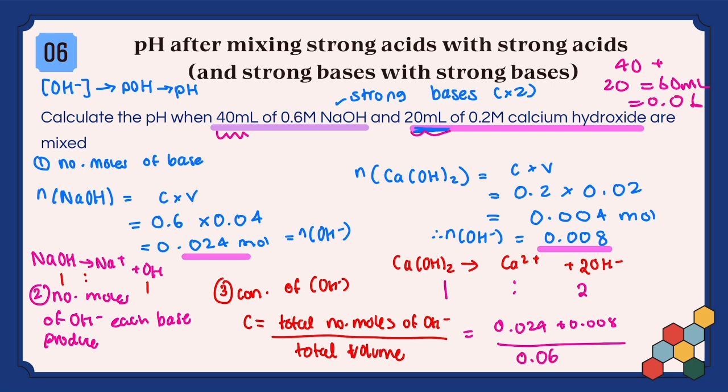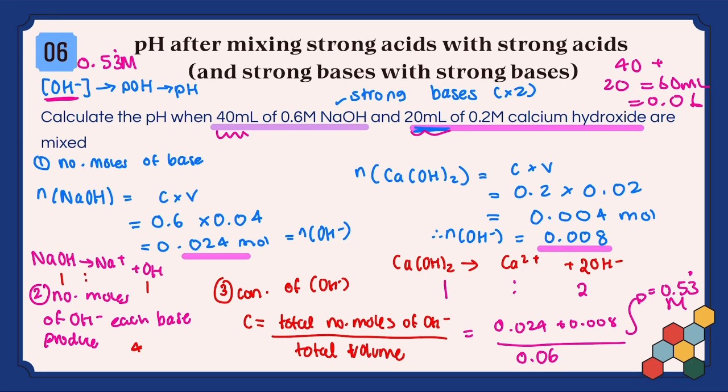So we're just going to put this into our calculator and we will get 0.53 moles per liter. However, remember, that is the hydroxide concentration, 0.53 moles per liter. So once you have your hydroxide concentration, you're now going to be able to calculate your pH.